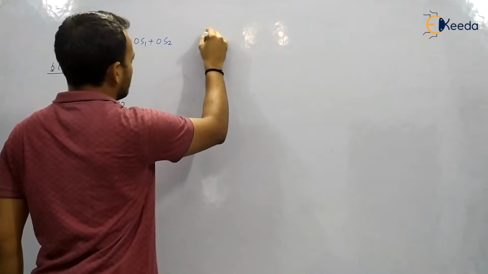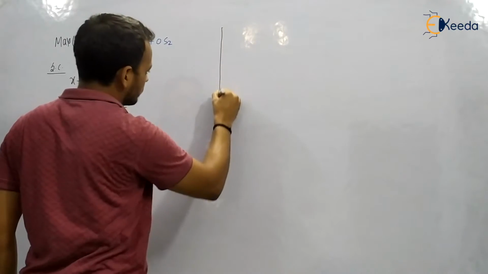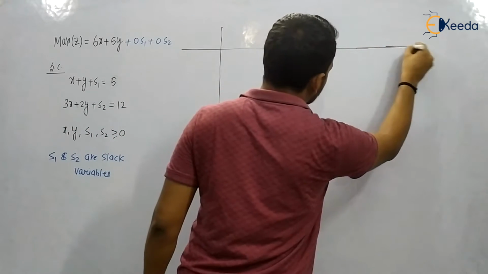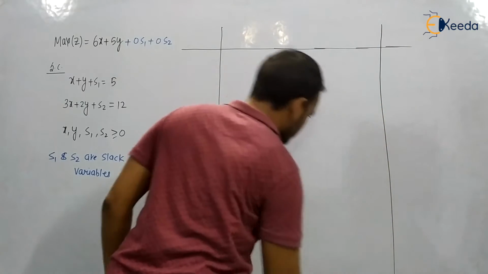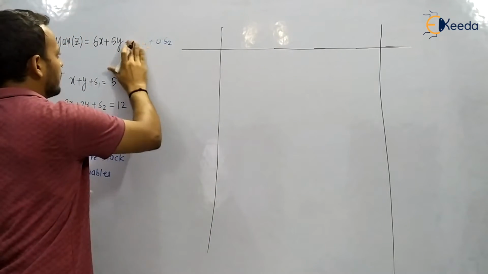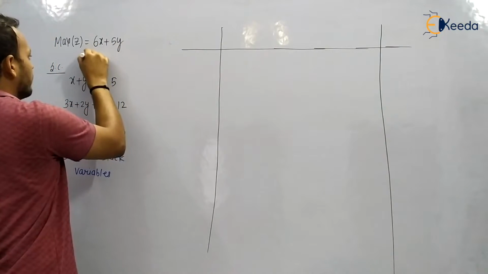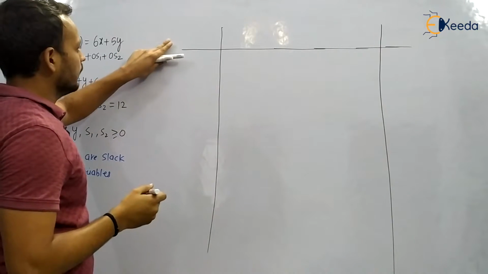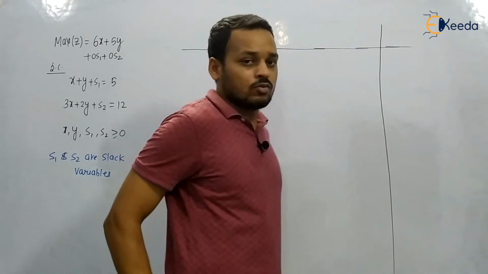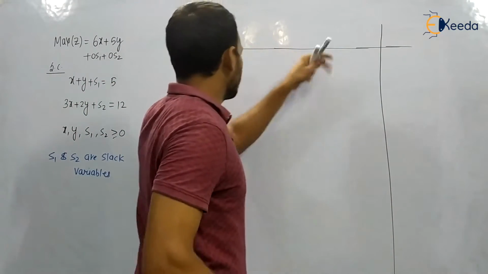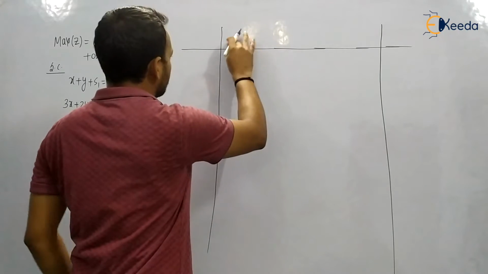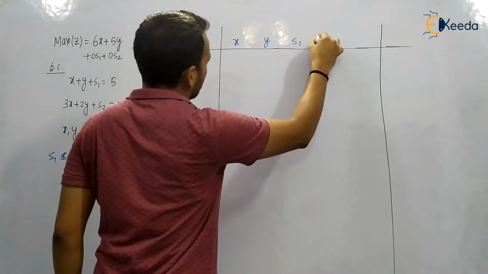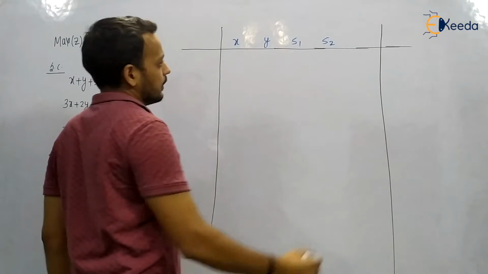First we are going to write the variables which are present in the simplex: x, y, s1 and s2.